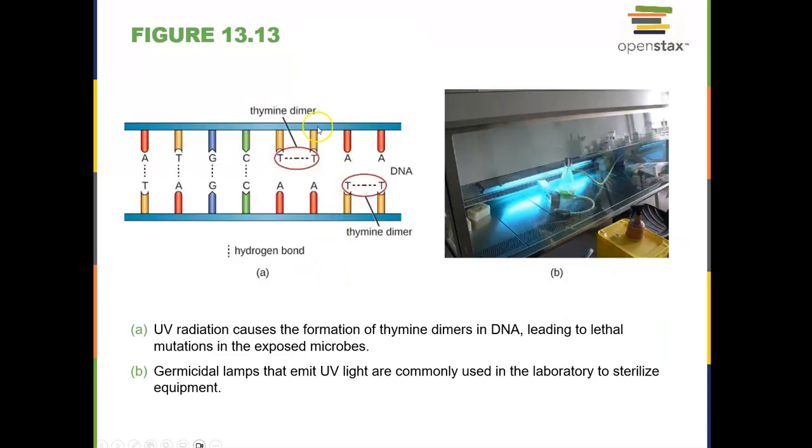So it causes these thymine dimers between the T's. UV causes these dimers and leads to lethal mutations. Germicidal lamps emit the UV light to sterilize the equipment. We saw that in the cabinet when we did that lab.